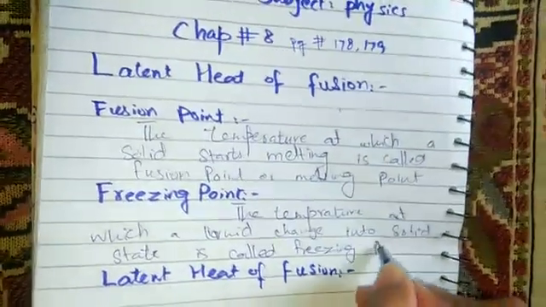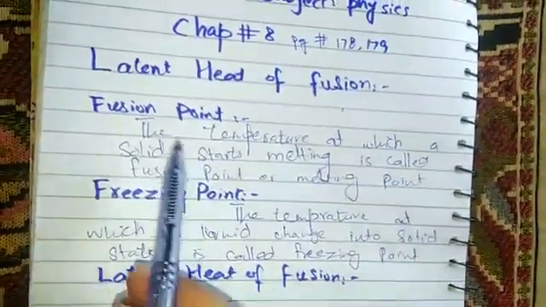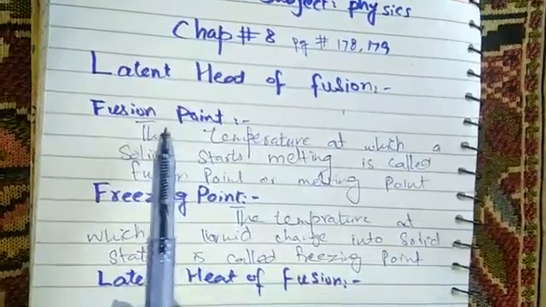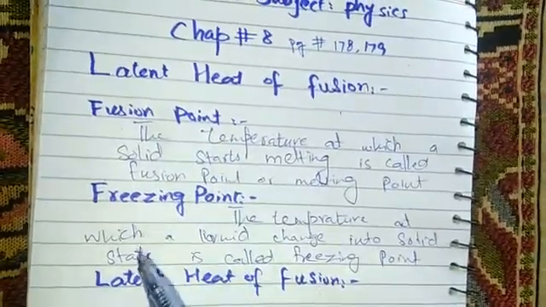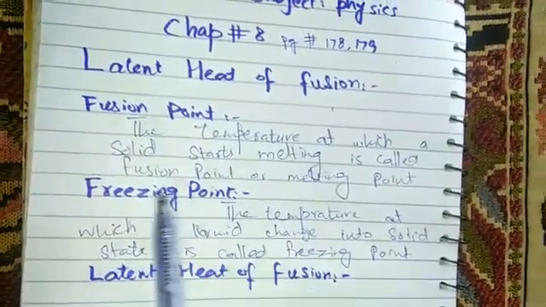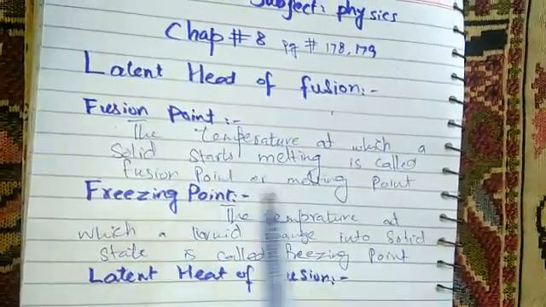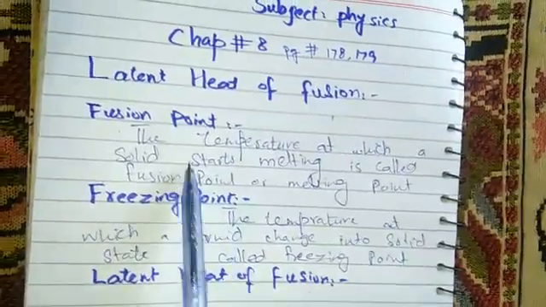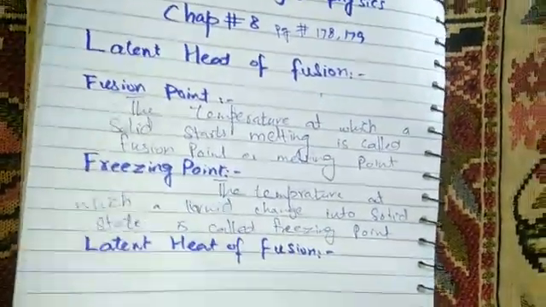So students, different materials have different fusion points or melting points, but their fusion point and freezing point are the same. So if a substance starts to freeze at 0 degree, then it will start to melt from 0 degree. So fusion point and freezing point are the same.